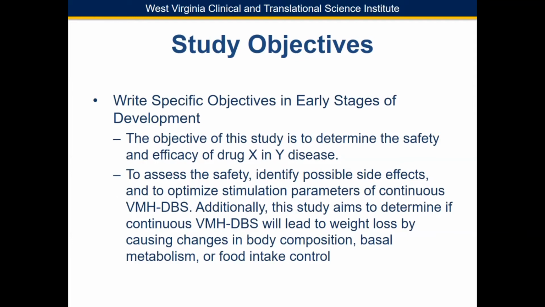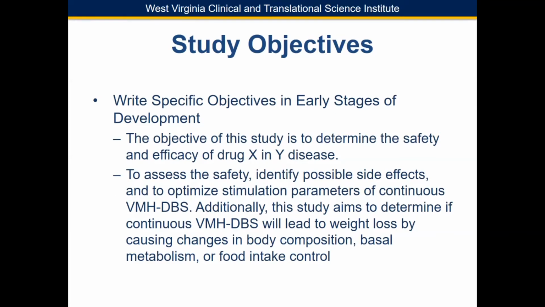So let's talk about study objectives. Write specific objectives in early stages of development, right? You're going to write down that objective. I have two here. The first one is: the objective of the study is to determine the safety and efficacy of drug, let's say Acme, in diabetes.